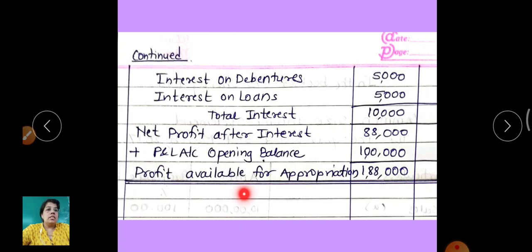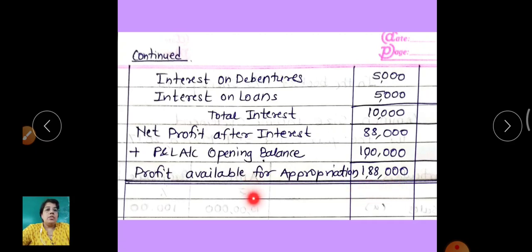But here all these things are not given, so directly we will add the opening balance of profit and loss account which was given in the horizontal income statement. That opening balance is 1 lakh, and this 1 lakh will be added to this profit, and we now have in our hand the profit available for appropriation, 1,88,000. So this is our end result for this question.